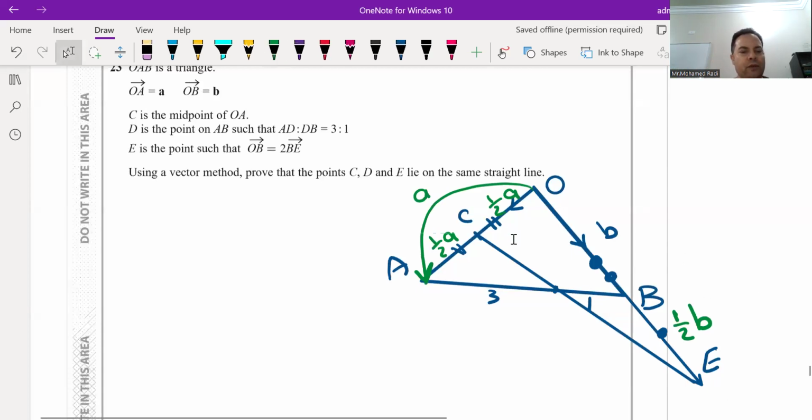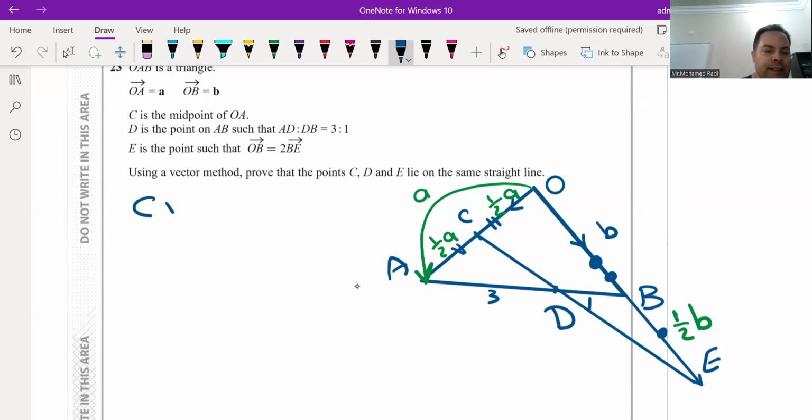By using vectors, to prove C, D, E are collinear, you can find the vector CD, the vector CE, or vector DE. We have three; find any two.